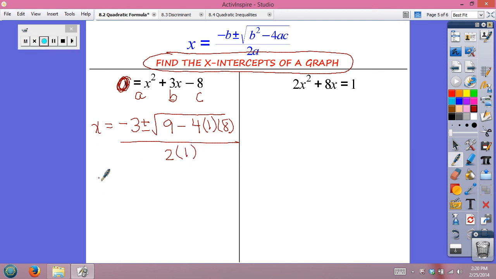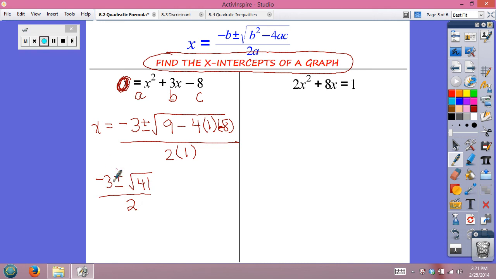So simplify, we get x equals negative 3 plus or minus the square root of 41, and this should have been a negative 8. If you want to correct that quickly, okay? And then all over just 2.